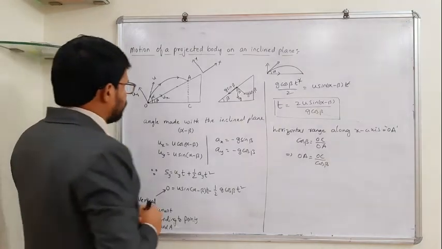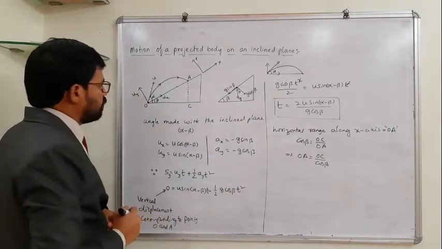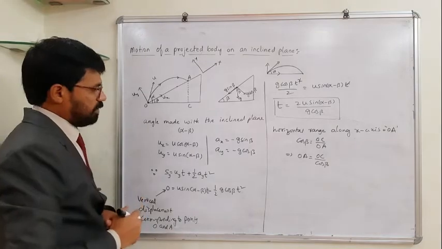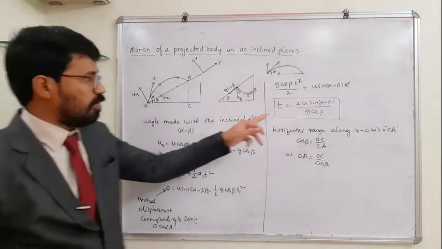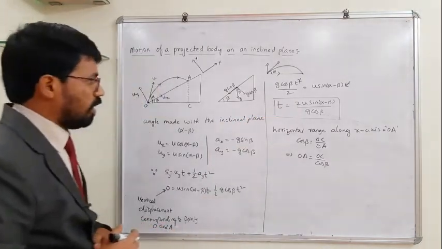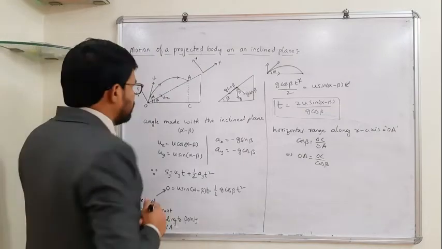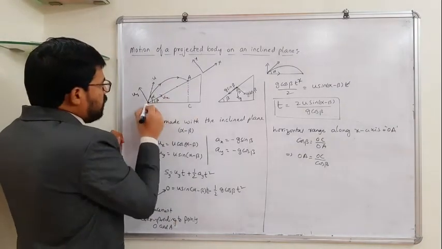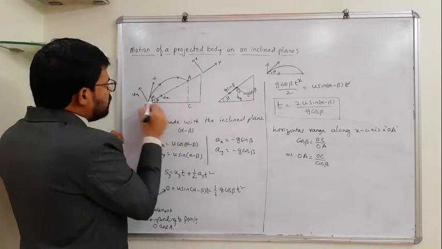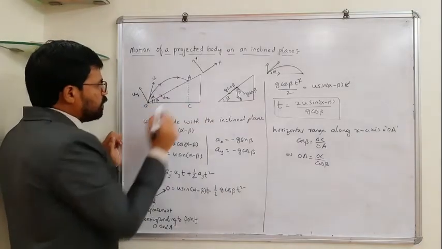Now let us find out what OC is. To find OC, I'm going to make use of the time of flight equation, which we have just derived: 2u sine alpha minus beta by g cos beta. During this time, along this direction, the body covers a distance equal to OC.